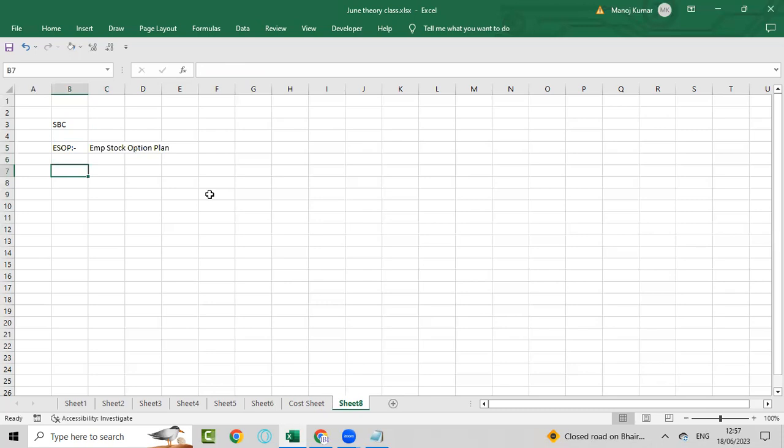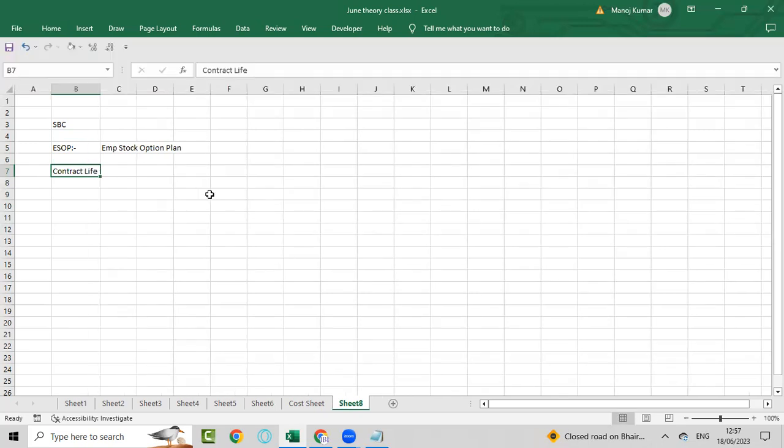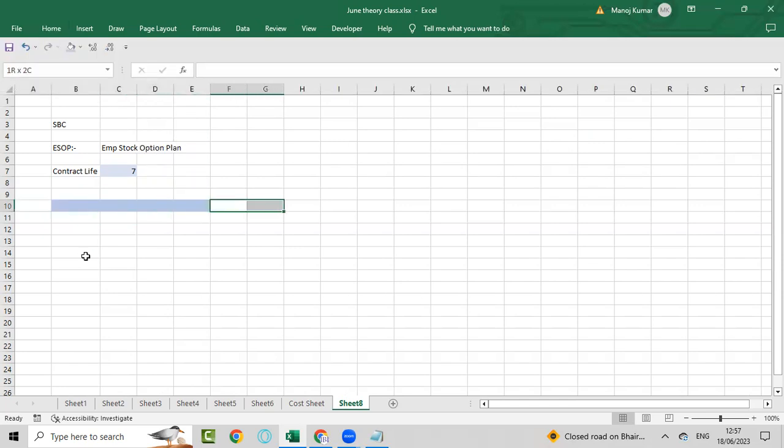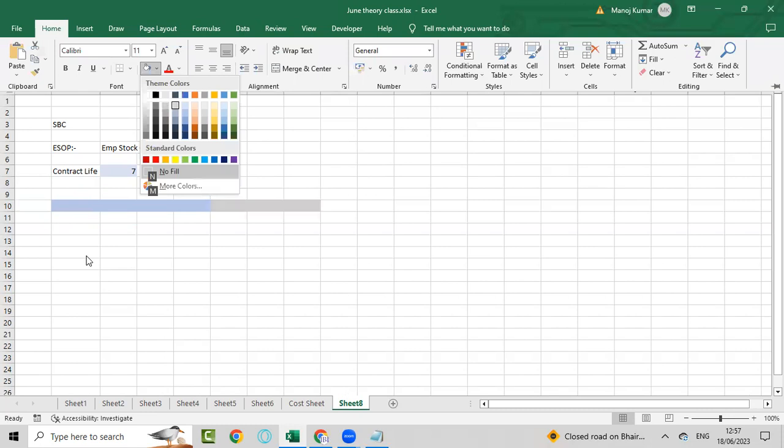Let's say contract life, or life of an option, whatever you want. That is, let's suppose 7, not necessarily 7 always, right? So 4 years, and then 3 years. So what is this 4 year?